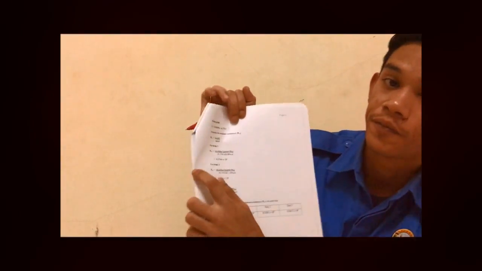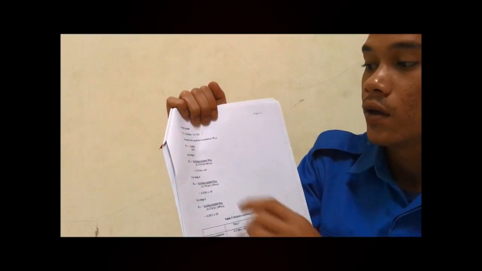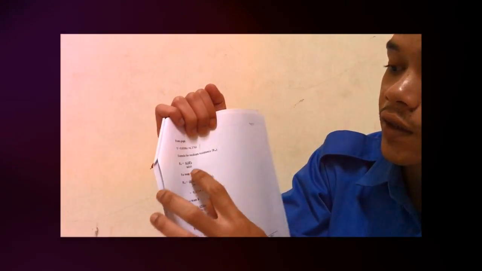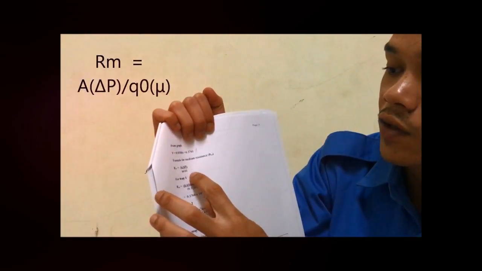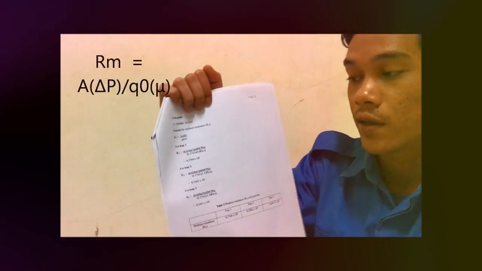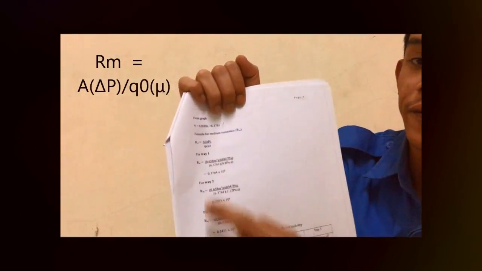firstly from the graph, we get the y-intercept, and then using the formula for medium resistance, Rm equals area times delta P over Q times viscosity. This is the formula.